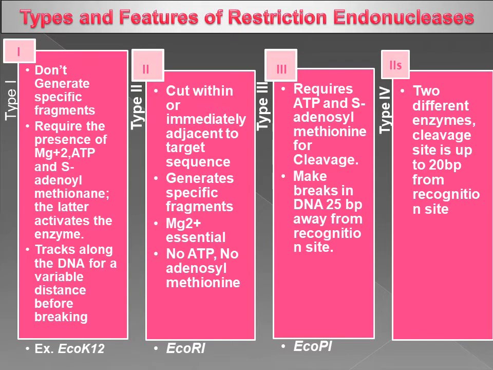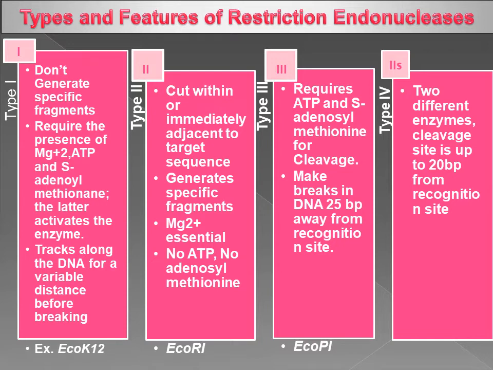These are the 4 different types of restriction endonucleases with their features. Type 1 is a single enzyme with 3 subunits for recognition, cleavage and methylation. It can cleave up to 1000 base pairs from the recognition site. They don't generate specific fragments.